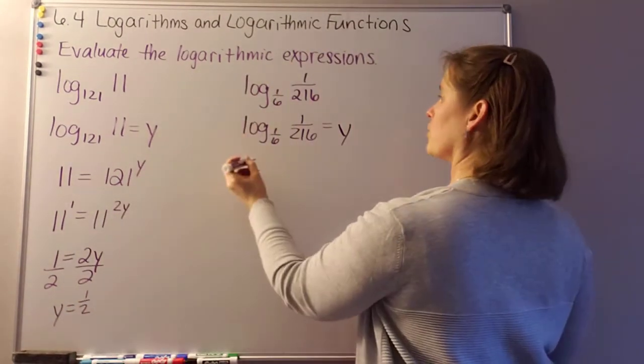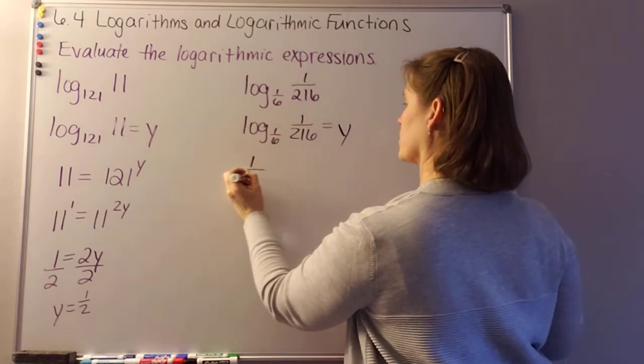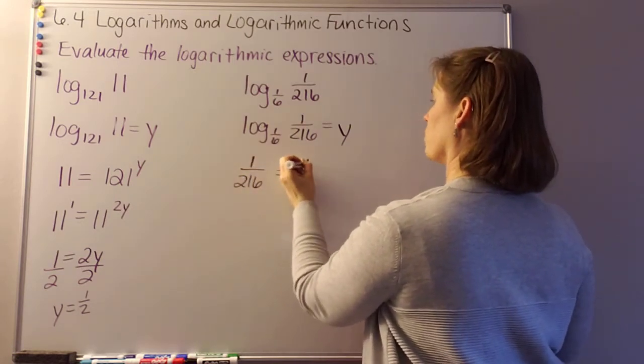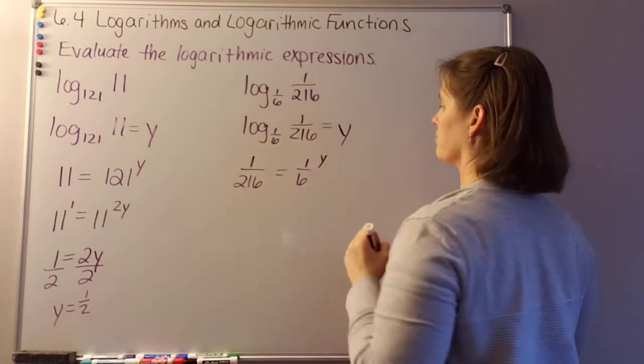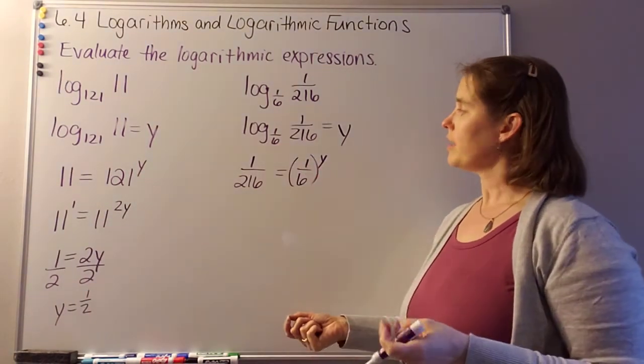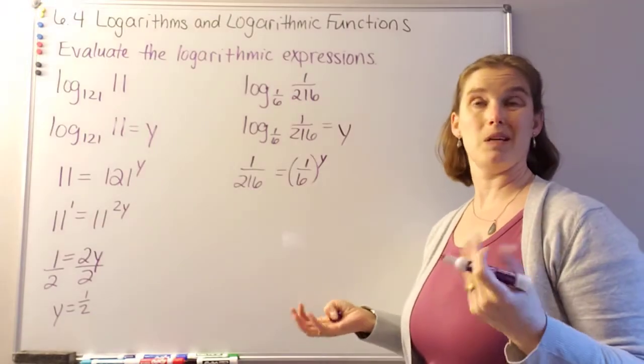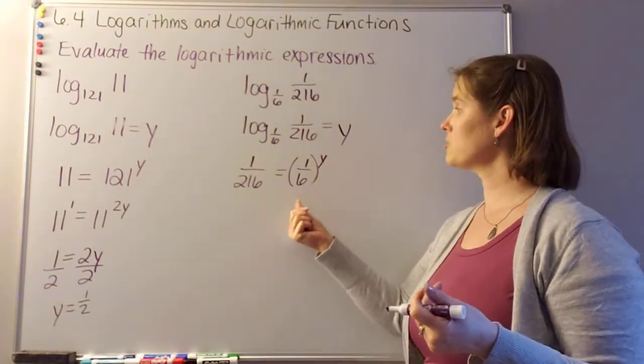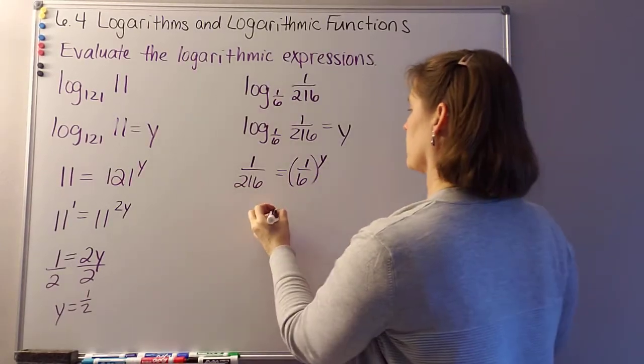Okay, write in exponential form. 1/216 is equal to 6 to the y. If it helps, put parentheses around it. All right, now we want to get matching bases. They should be whole number bases. So this side, let's think about here.